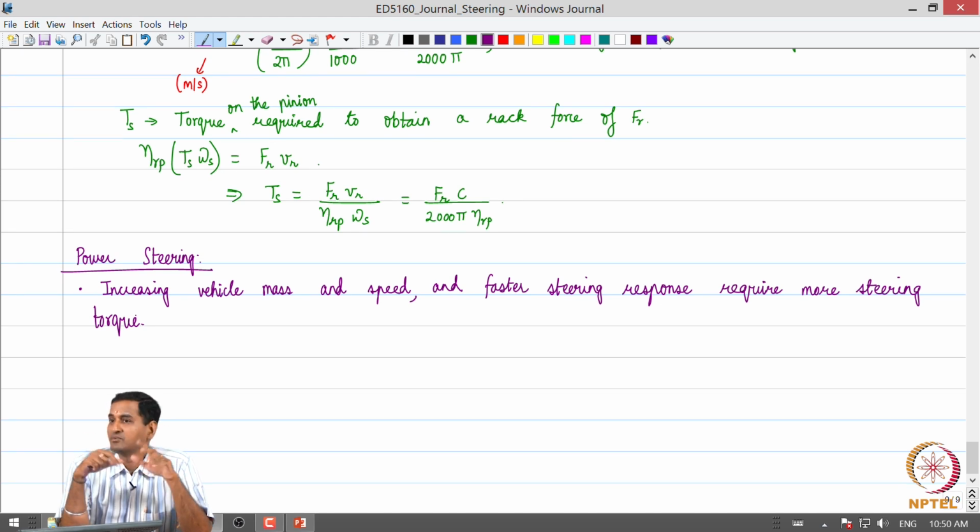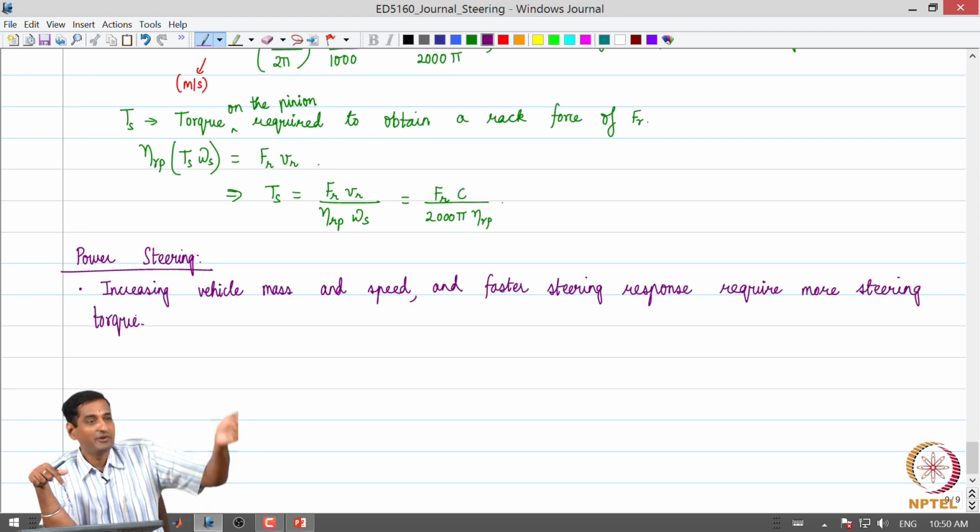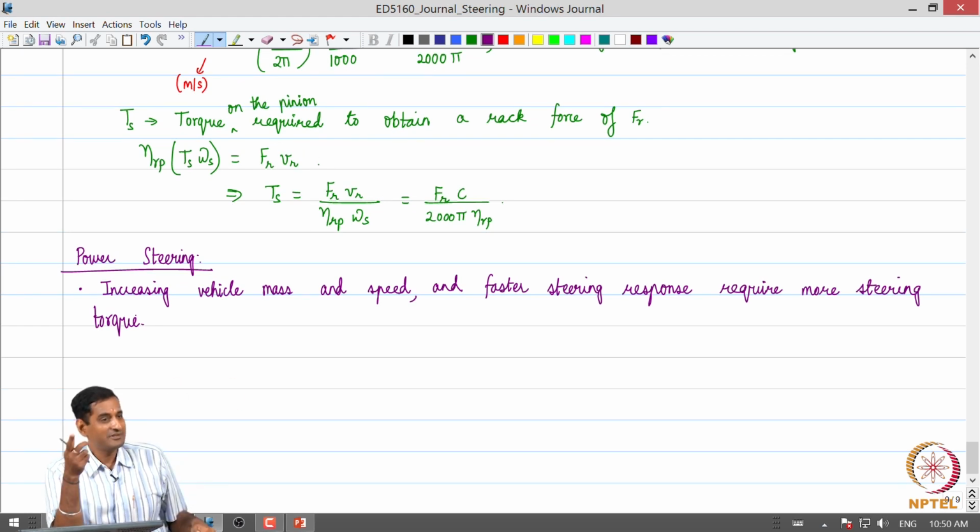Why not? Because if I increase the steering ratio to increase the torque amplification, the price that we pay is that for getting the same angular displacement at the steered wheel, my lock to lock turns would also increase.